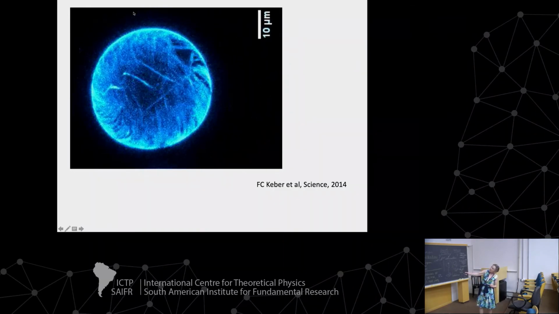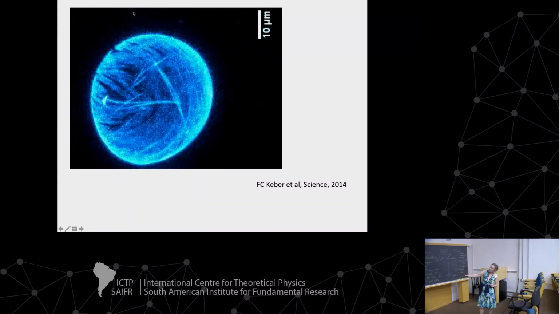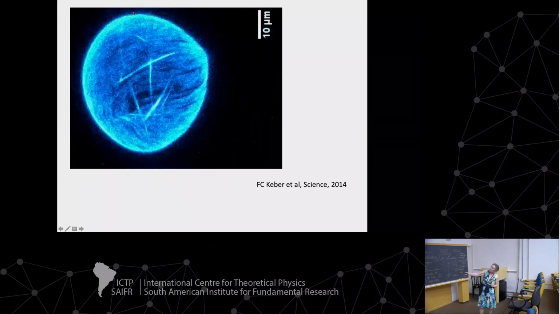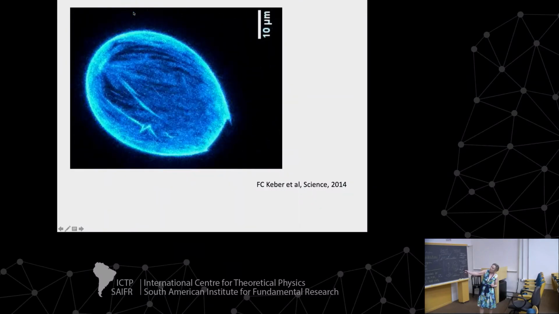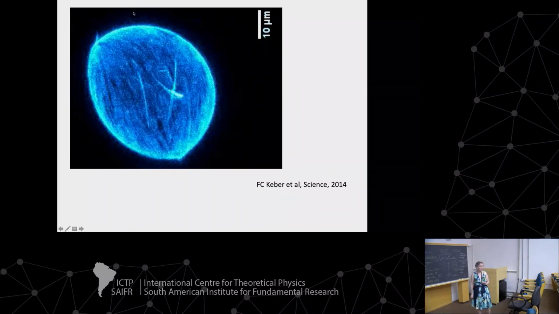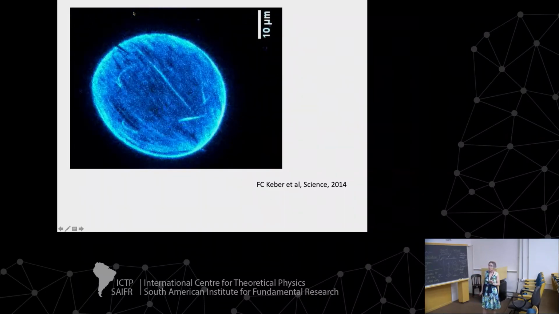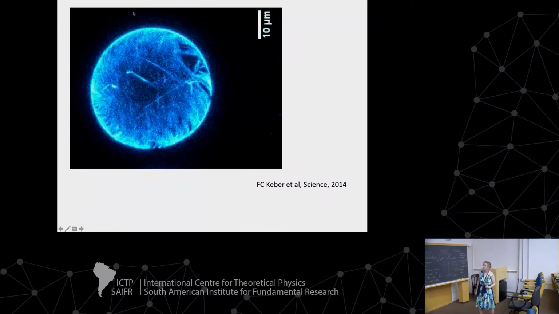Those of you that were in my class this morning, if you look very carefully, you'll see little spikes sticking out on the outside of this, like that one. Suddenly you get these spikes. Those start at topological defects. So this is a case where topological defects do give you spikes.